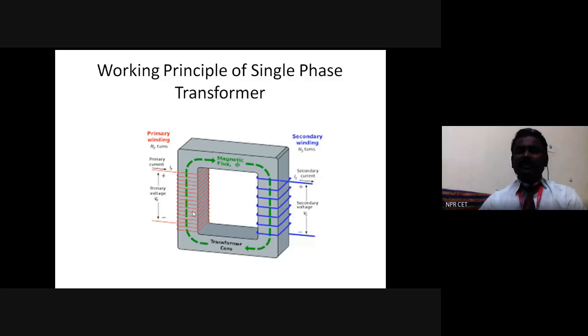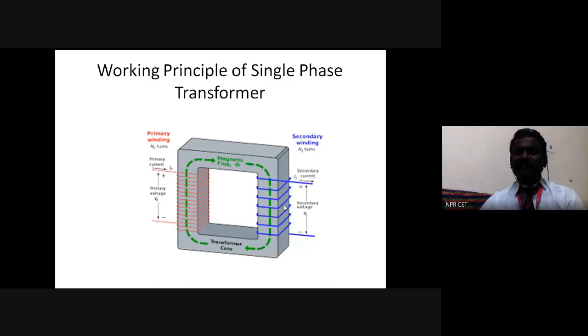Again, the same flux links to the secondary winding also. Both the primary winding and the secondary winding are coupled, but there is no electrical connection between them, only magnetic coupling through the iron core. The electrical connection is given only to the primary winding, not to the secondary winding.